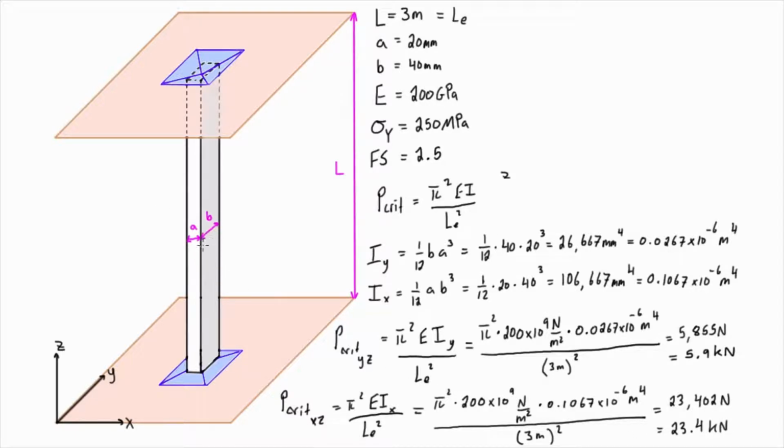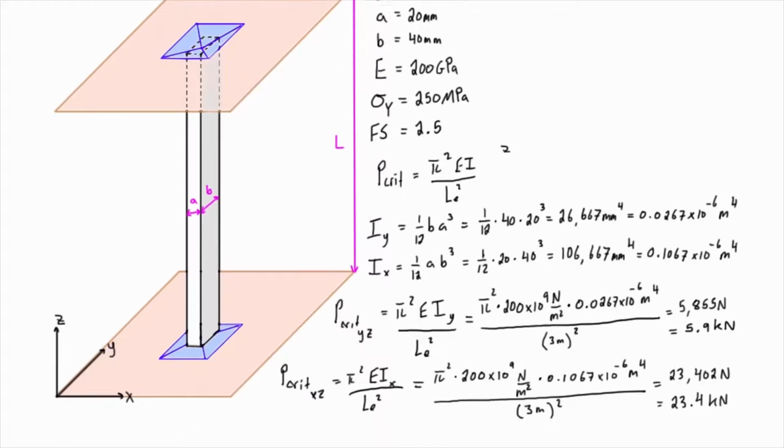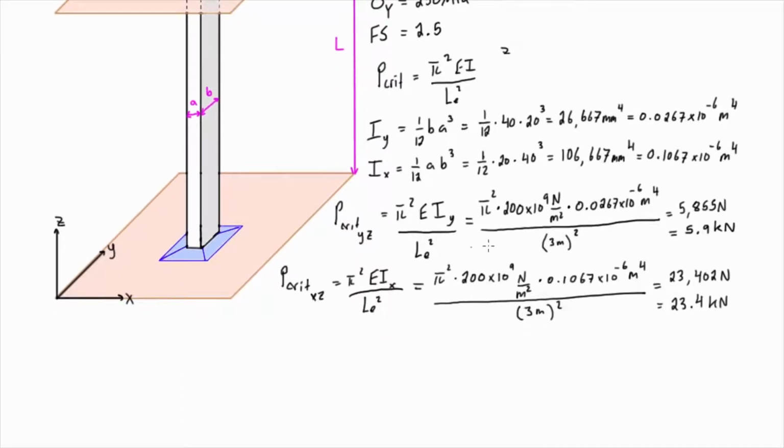We need a smaller load to make it buckle in the direction that has a smaller amount of material around that axis. So if we applied, let's say, 6 kilonewtons, then we will have crossed this threshold and we're most likely going to get buckling. So 5.9 kilonewtons is the value that we have to take for P critical for the whole column.